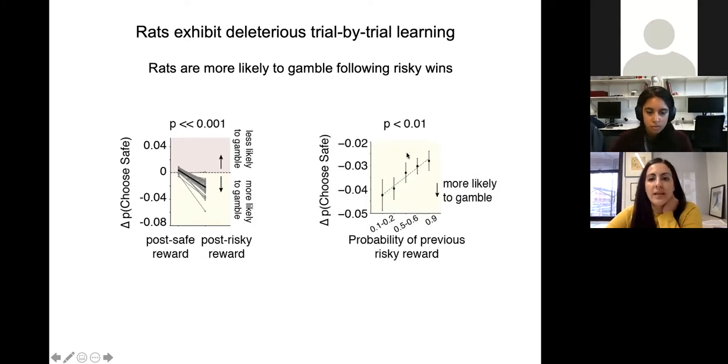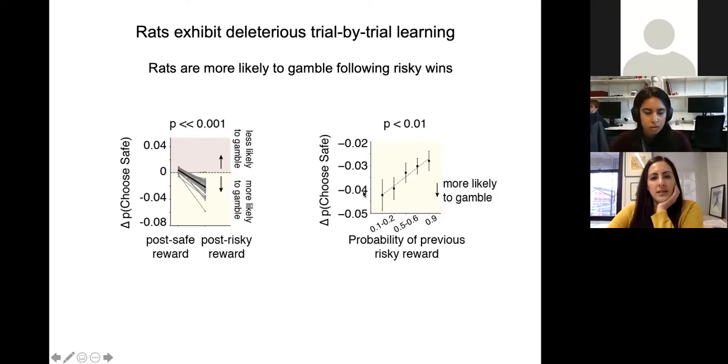Moreover, there's a graded dependence on the probability of the risky reward. So if on the last trial I chose a gamble and it was really unlikely to win, but it did, then I'm even more likely to choose the risky side on the next trial. And so this also kind of confirms that they really understand the meaning of the flashes conveying the reward probabilities.